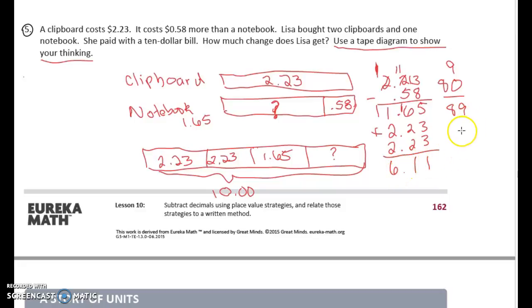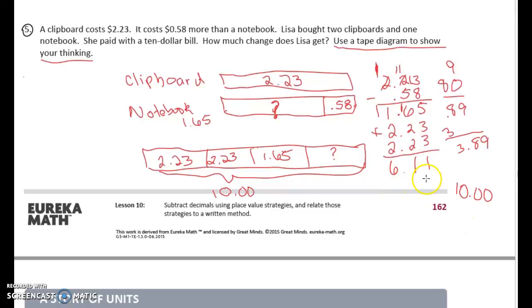We're at 7, and I know 7 plus 3 is 10. So that's 89 cents. And then we've got 3 more dollars to get to 10. So that's $3.89.